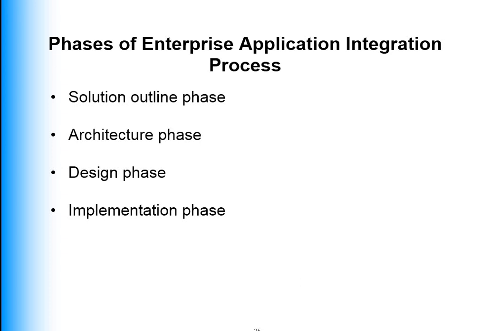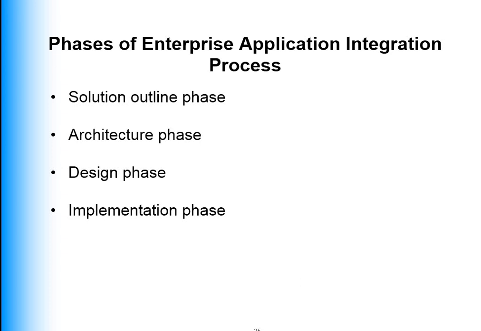In the solution outline phase, the solution is outlined: what the plan is and what will be delivered. This is where they brainstorm based on what needs to be delivered. The architectural phase is where they start coming up with ideas and architect the product.